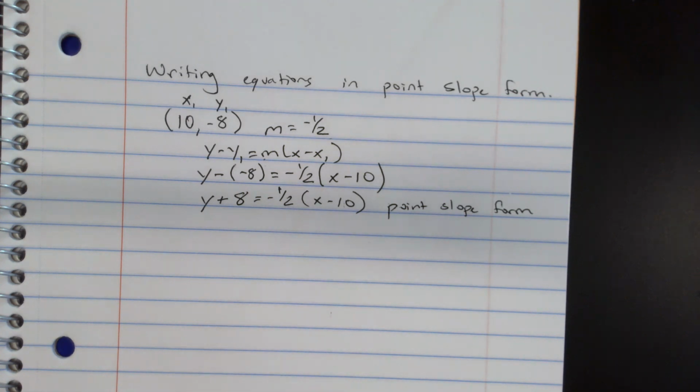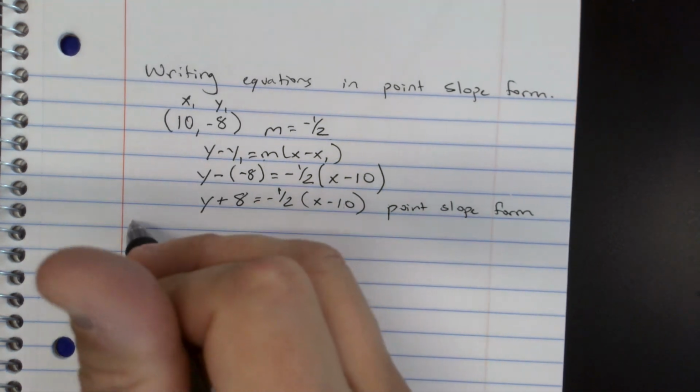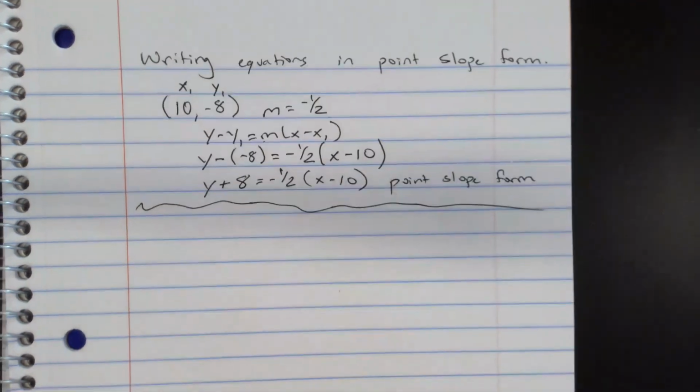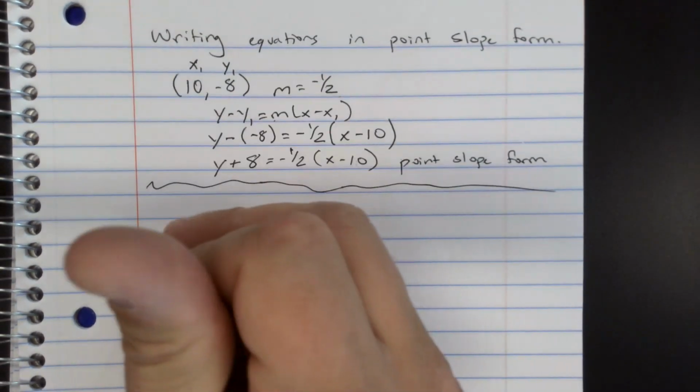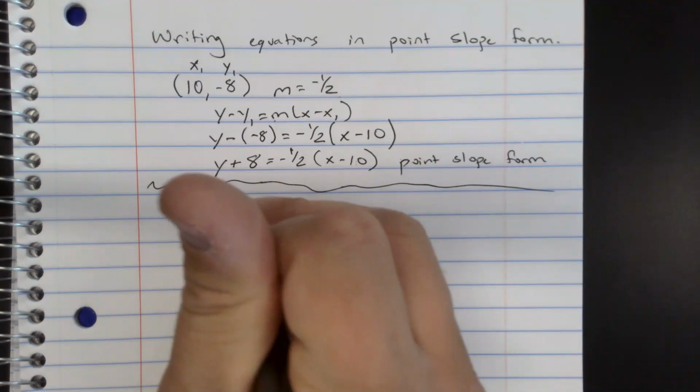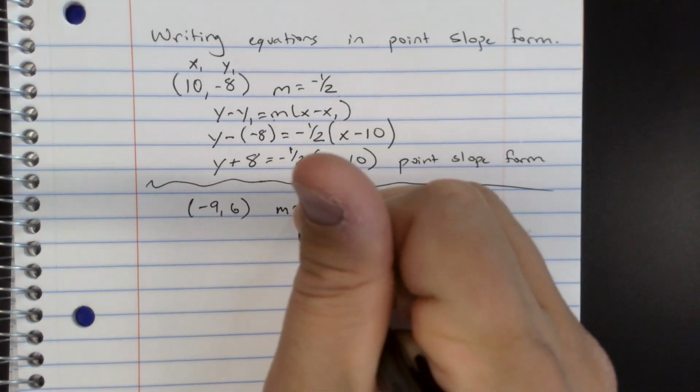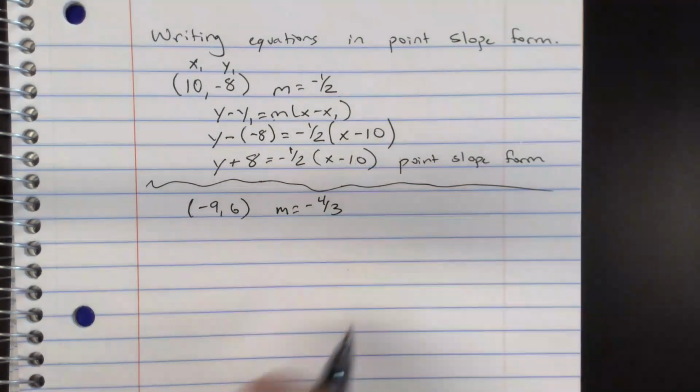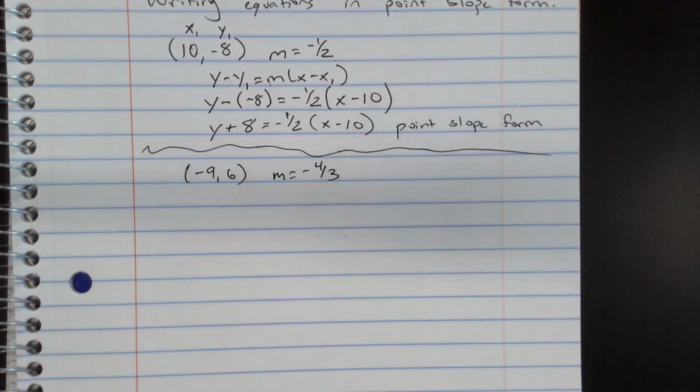So let's do another one. I'm going to give you a point and a slope, and you're going to write it in point slope form. Here's your point, (-9, 6), and the slope of negative 4/3. Write that in point slope form for me.